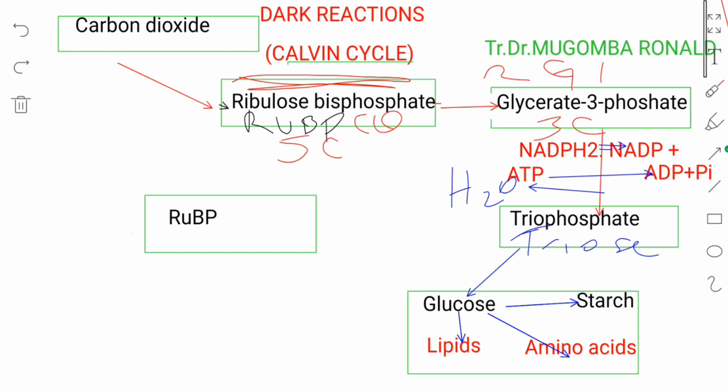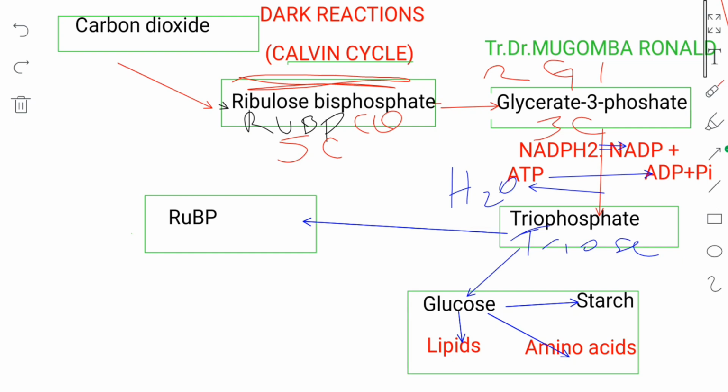But besides that, most of the triose phosphate is used to regenerate the carbon dioxide acceptor known as ribulose bisphosphate. Most of the triose phosphate is not converted to glucose.